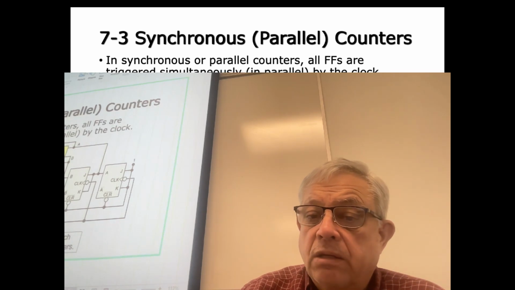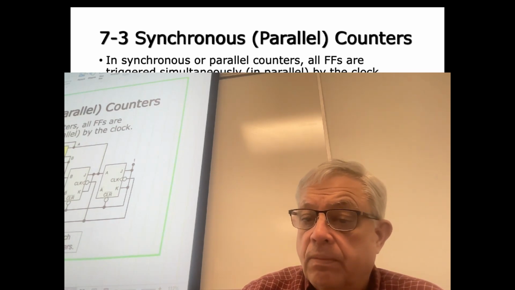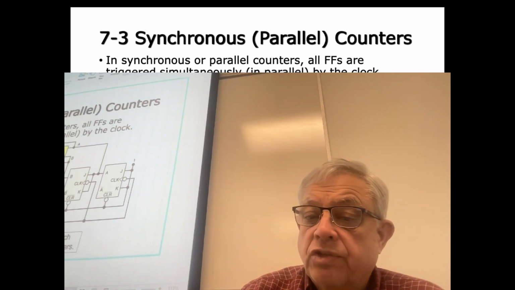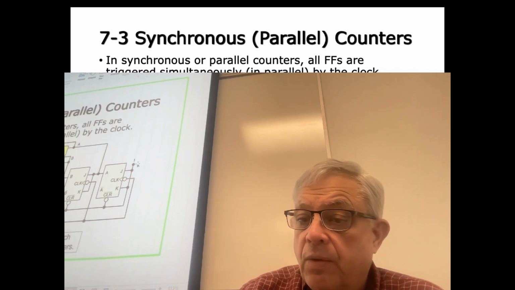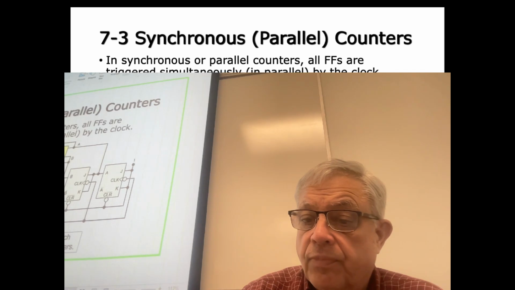Here's where we added 2 AND gates in order to make the whole thing synchronous. That would put 1s on J and K and all the clears.